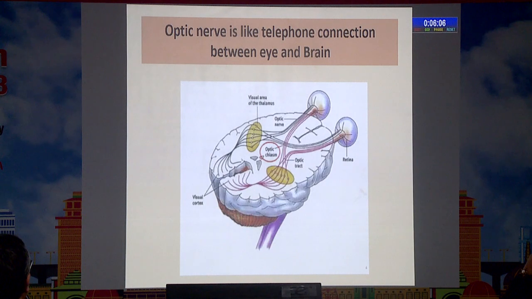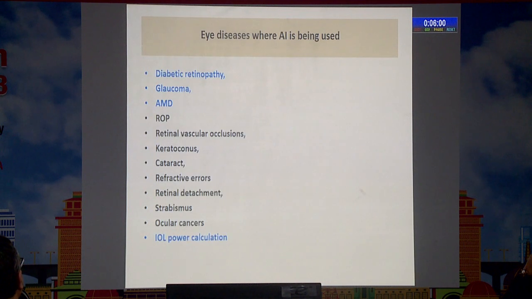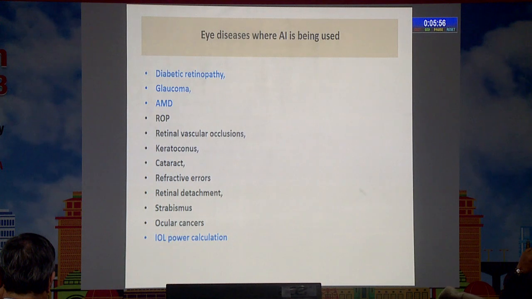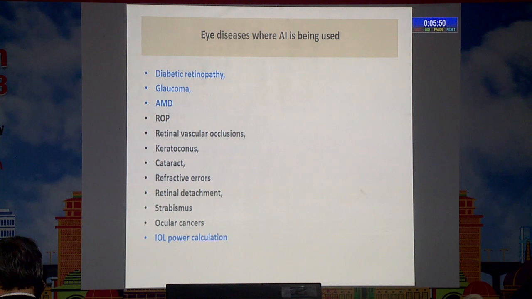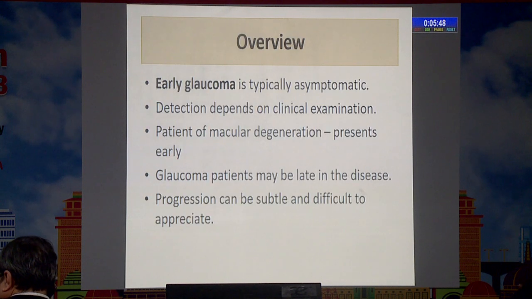The optic nerve is like a telephone connection between the eye and the brain. You see in the picture here a diagrammatic representation. Artificial intelligence is being used primarily in diabetic retinopathy, glaucoma, age-related macular degeneration, and IOL power calculation, apart from other eye diseases as well.